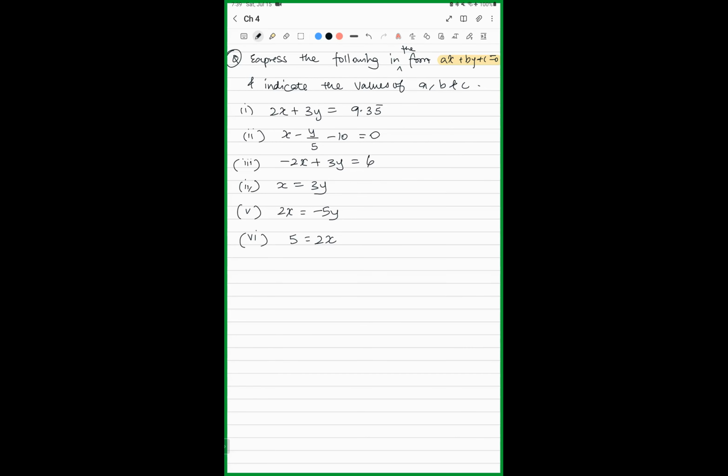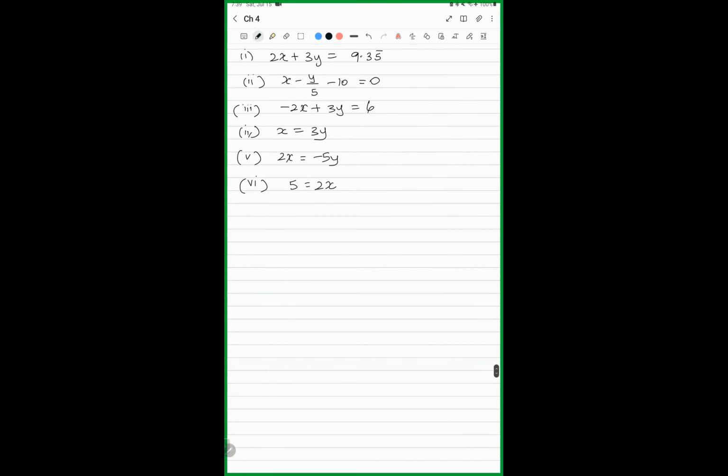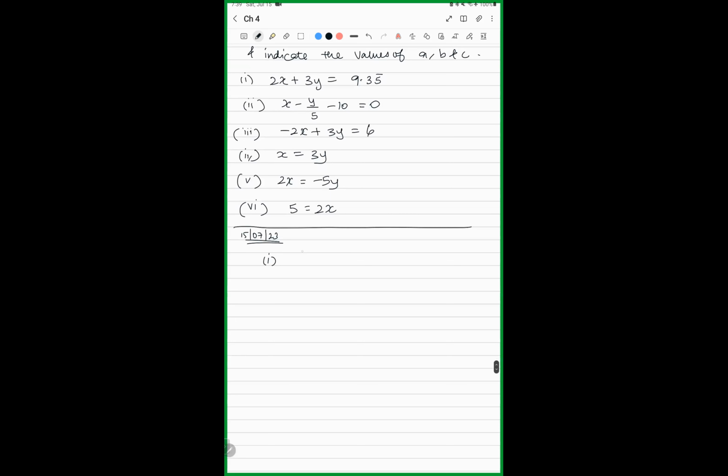Okay, Zain and Abdul Rahman, I want you all to tell me the answers, okay? First one. How do we write it in the form of ax plus by plus c equals 0?